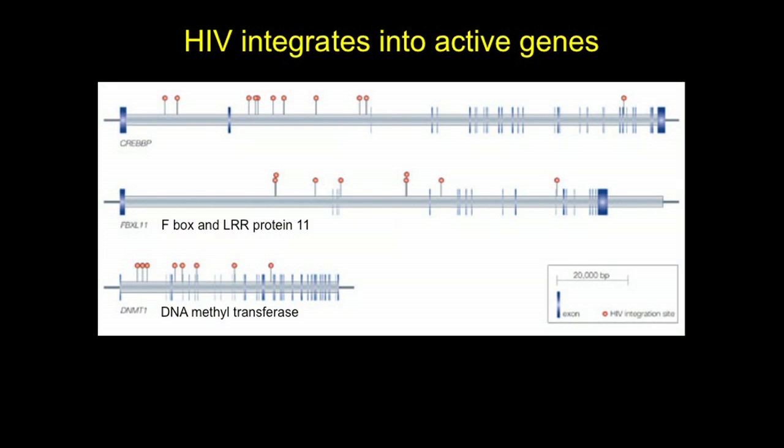And so I don't have to go through all of this film, but this was confirmed, first presented by Rick Bushman, who showed, for example, specific hotspots for viral integration. For example, here is CREB binding protein, then there's another housekeeping gene, FBOX, and then DNA methyltransferase. And you can see these little dots are all for integration sites of the virus.